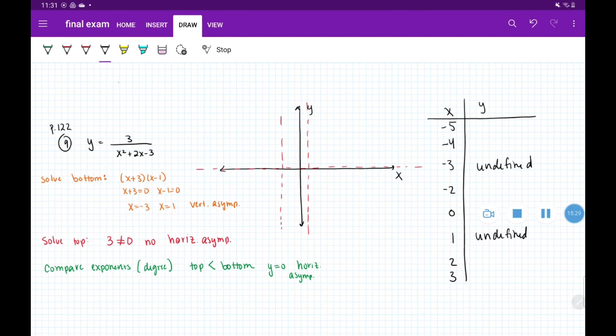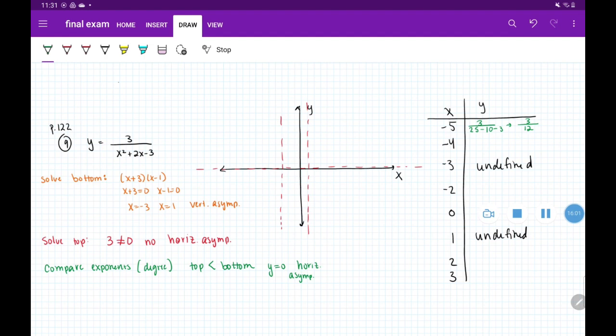Wish I had a calculator right now. Okay, so 3 over 25 minus 10 minus 3. 3 over 12.